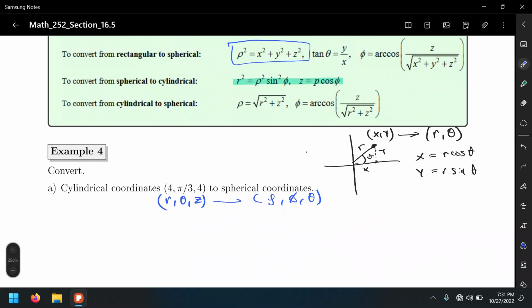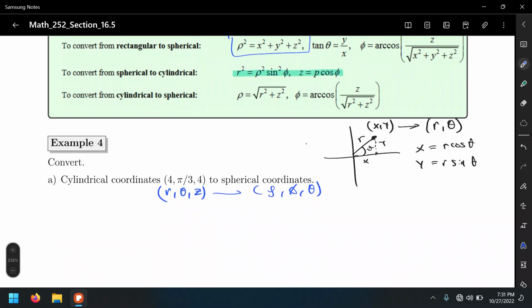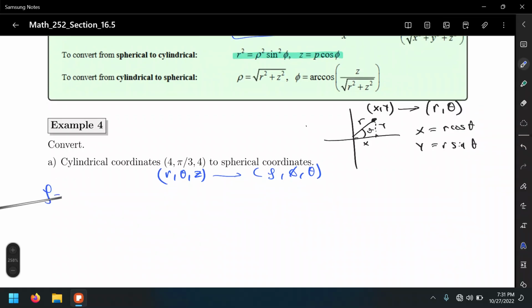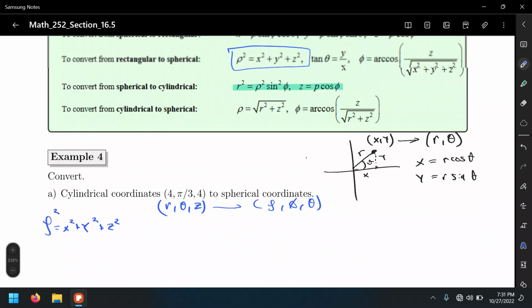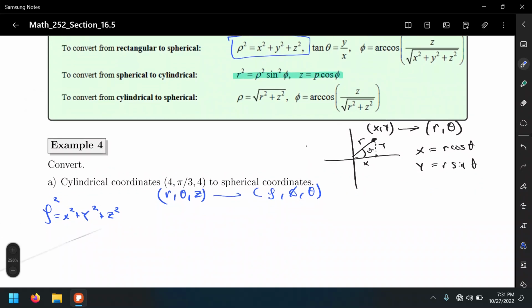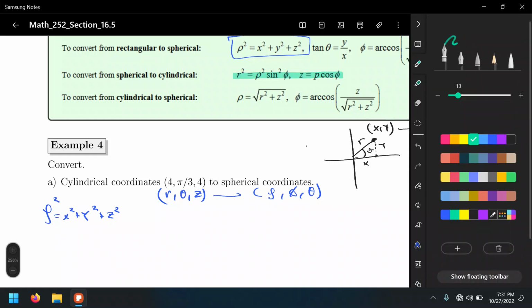All right. So let's check this out. Number one. We know that rho squared equals x squared plus y squared plus z squared, which is this formula that I boxed in the definition box. Well, in cylindrical coordinates, what's x squared plus y squared together? r squared.